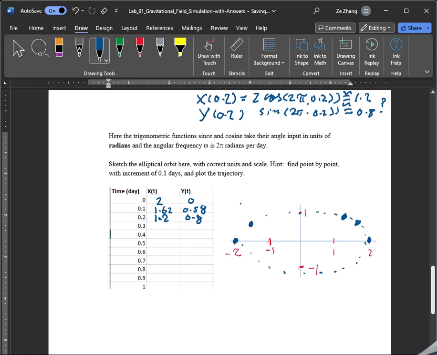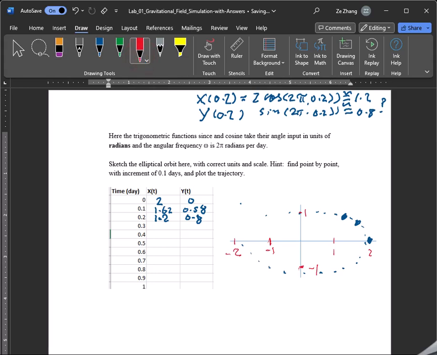Sorry, there's a mistake. I remove this point and this point. The first one is here, let me change the color.